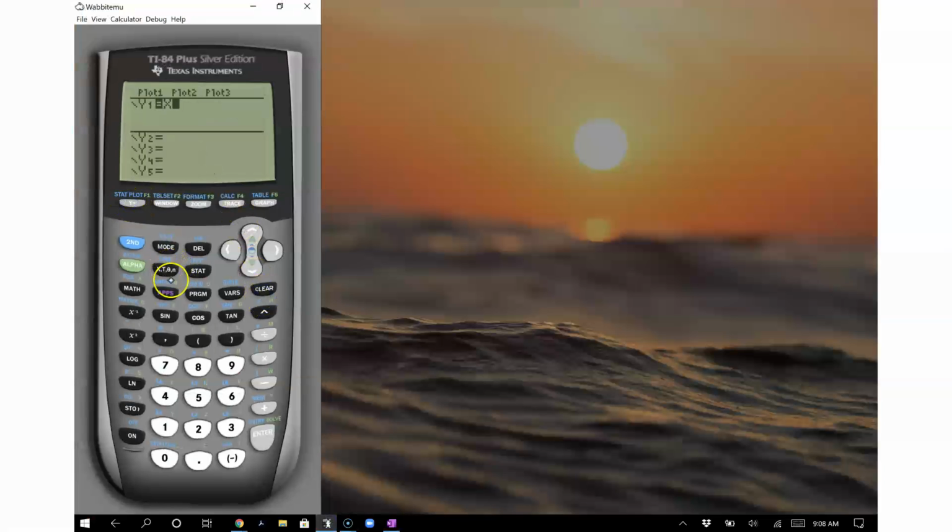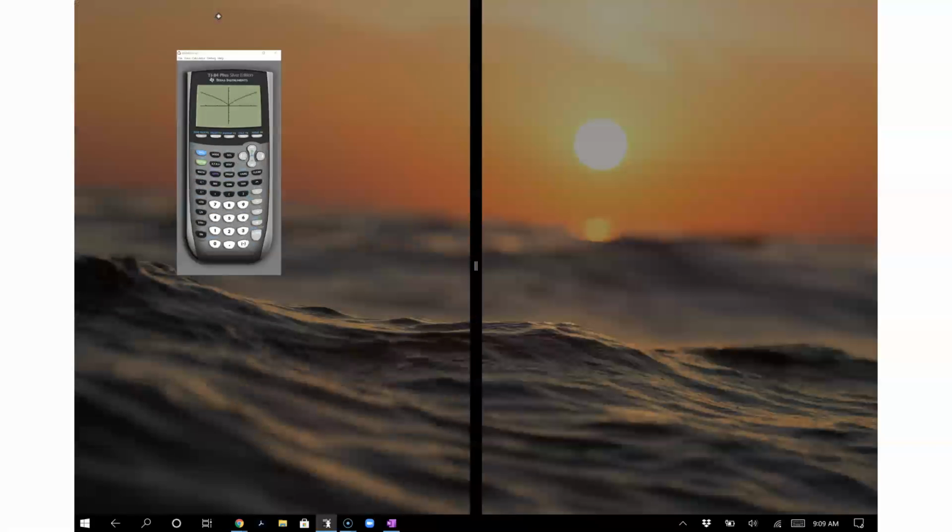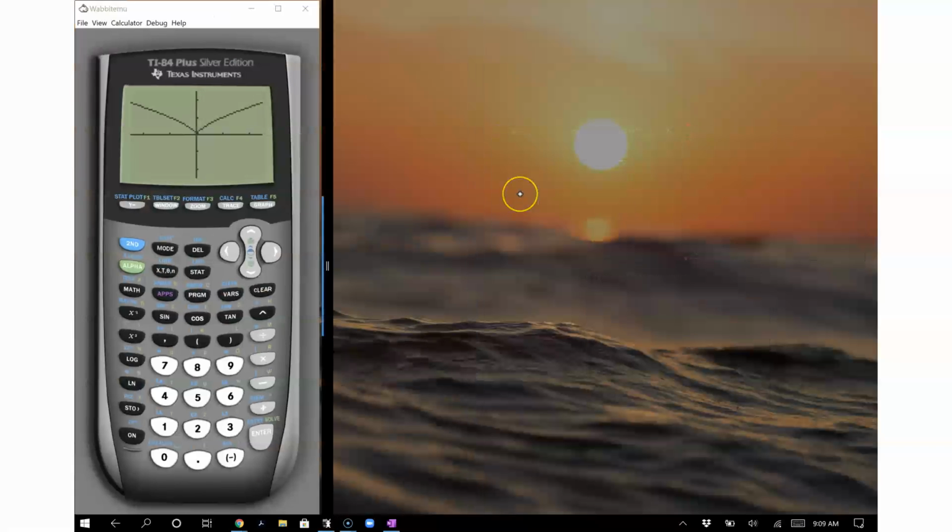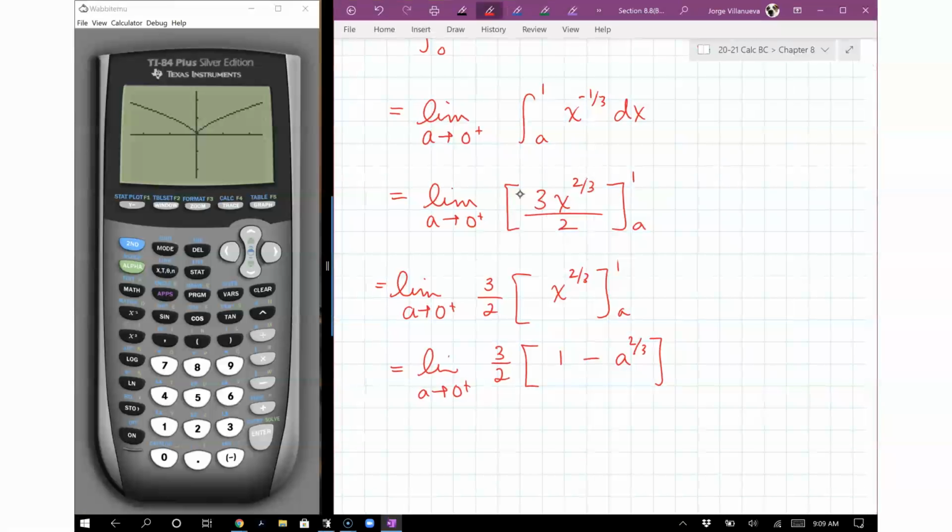So in other words, x to the 2/3. Okay, so there's my graph. Now, remember what it said, all right? Can I do this side to side? Yes, I can. Okay, awesome. So, look at my graph of a to the 2/3.